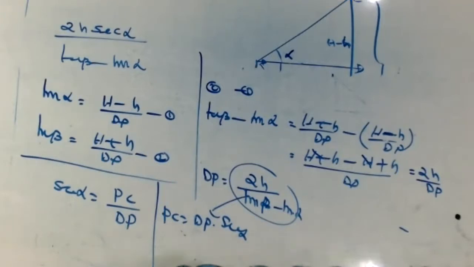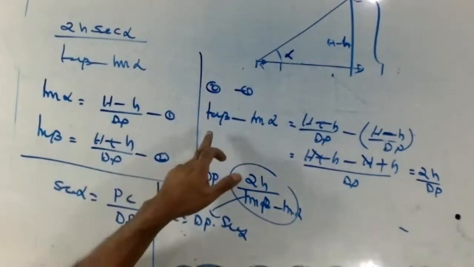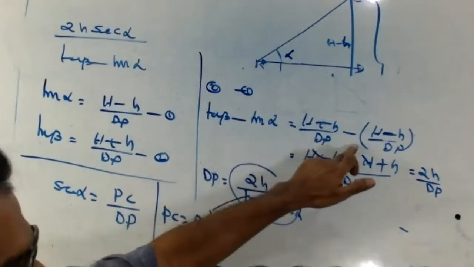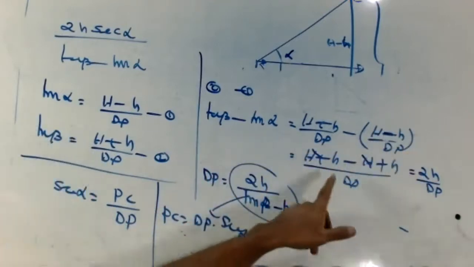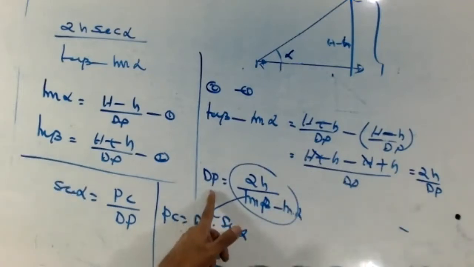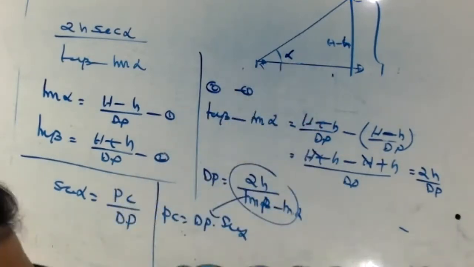Like the previous question, you find tan alpha, then tan beta. Don't divide it, because we need that DP. So subtract: tan beta minus tan alpha equals (H plus h) by DP minus (H minus h) by DP. H cancels, giving 2h by DP. So DP equals 2h by tan beta minus tan alpha. Hence sec alpha equals PC divided by DP. Substitute DP.